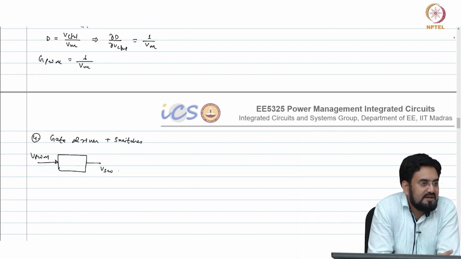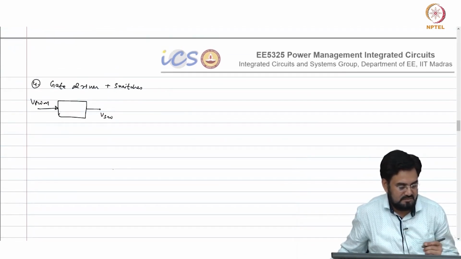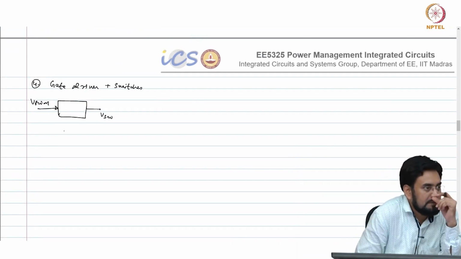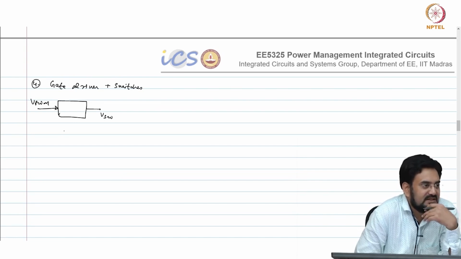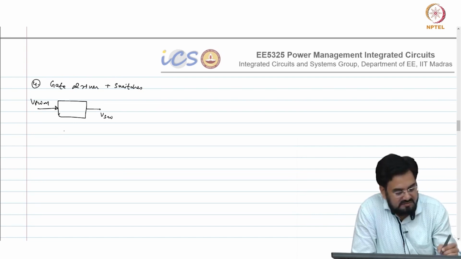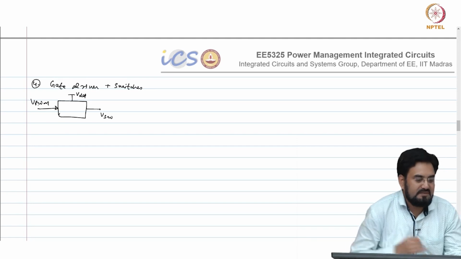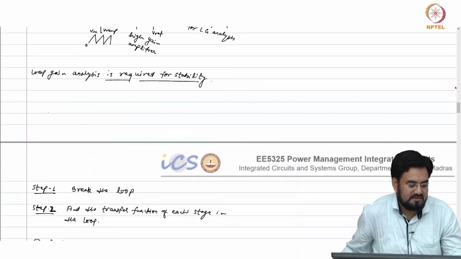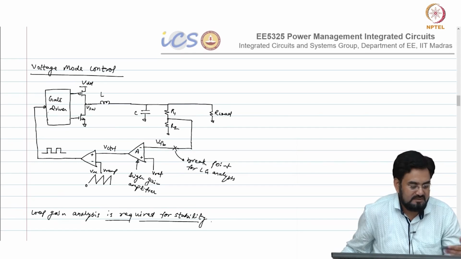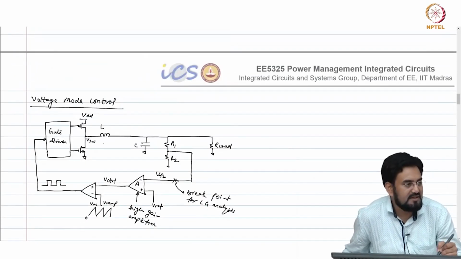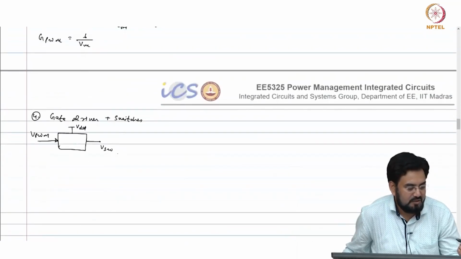Both are PWM here. What is the difference between VPWM and VSW? It is only a level shifted signal, that is it. This will go to VDD, and you do not know the level of VPWM. This could be anything depending upon your comparator, and that does not matter as such. So, it will get level shifted here and you will get the output.